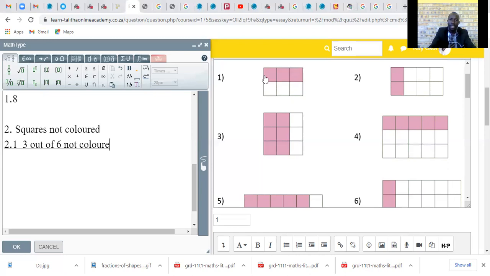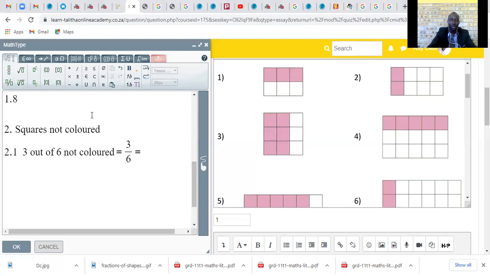Yes. And in fractional notation then, we will be having 3 as a numerator out of 6 as a denominator. And notice that we can still reduce this. So how do we reduce it? Well, to reduce this, we divide the numerator by itself, since we can also divide the denominator by itself.